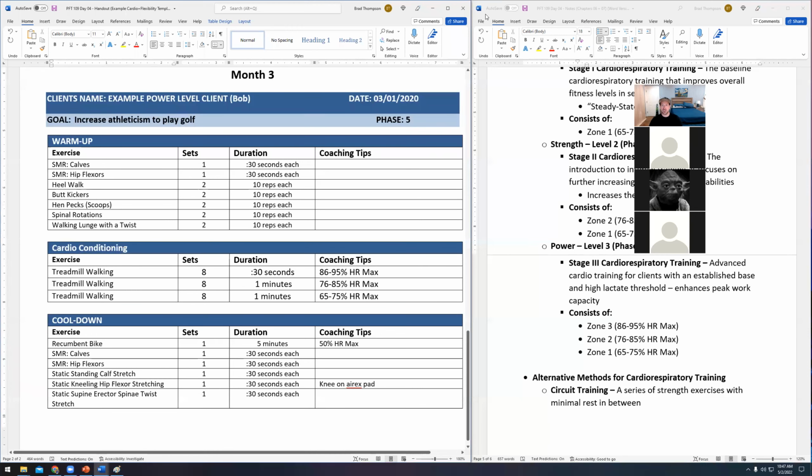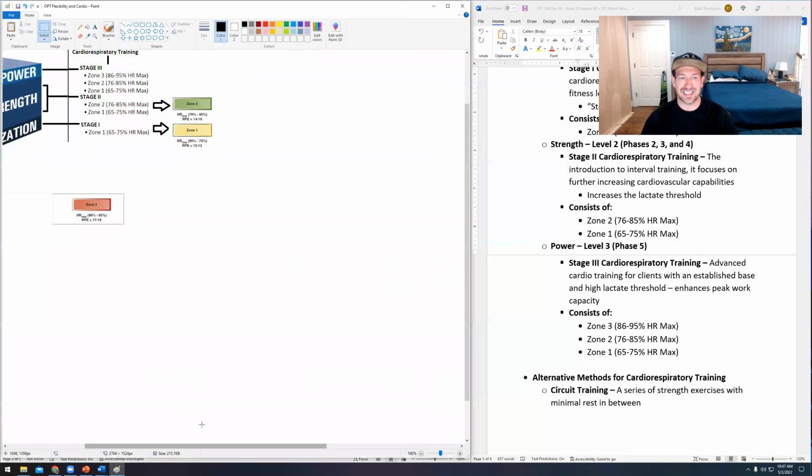Let's look at stage 3 here. So if my client's in stage 3, now I'm really getting into the high intensity stuff, right? I'm not just breathing hard, I am straight up out of breath. I'm working as absolutely hard as I'm capable.